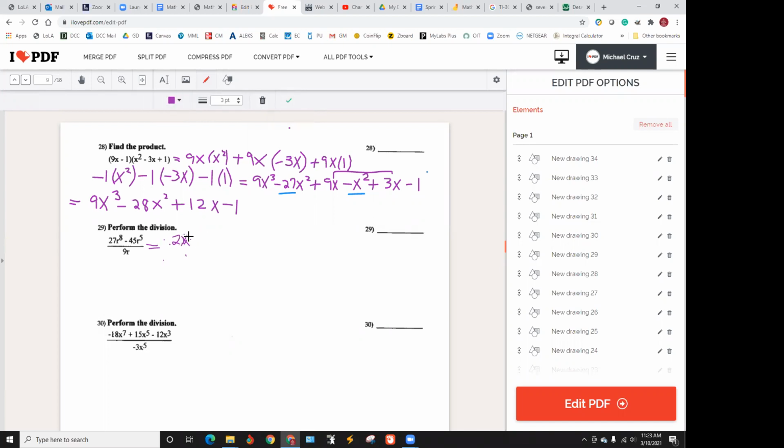All right, so this is an or. Like I said, I don't want to risk getting rid of that. So each one of these is getting divided by 9r.